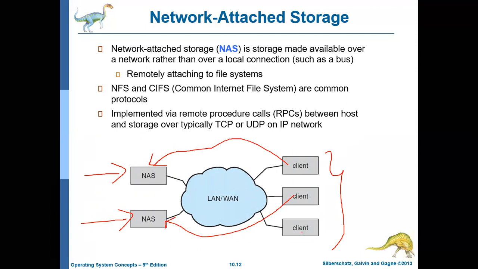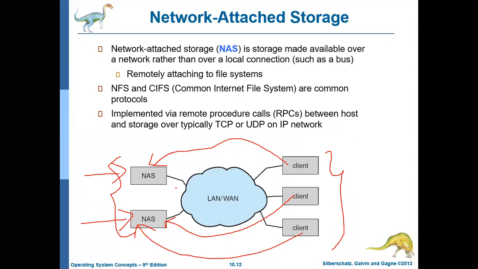The difference between network attached storage and storage area network is that in a storage area network, all the available storage will not be visible to the client and the server. The client and the server will be automatically assigned the amount of storage they need depending on the requirement.